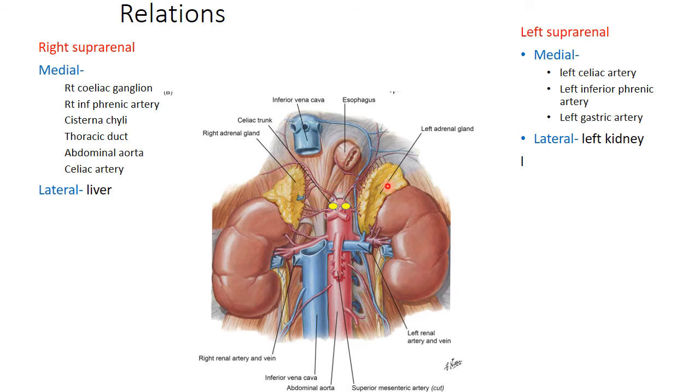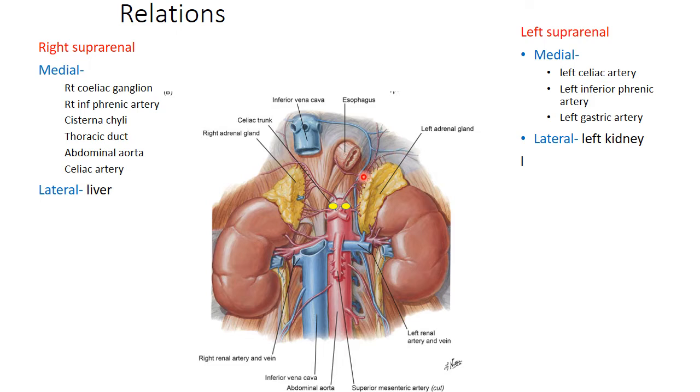Now coming to the medial and lateral relations of the left suprarenal gland. This is semilunar in shape, so this is the medial convex border over here. It will be related with the left celiac trunk over here. Then it will be related with the left inferior phrenic artery.